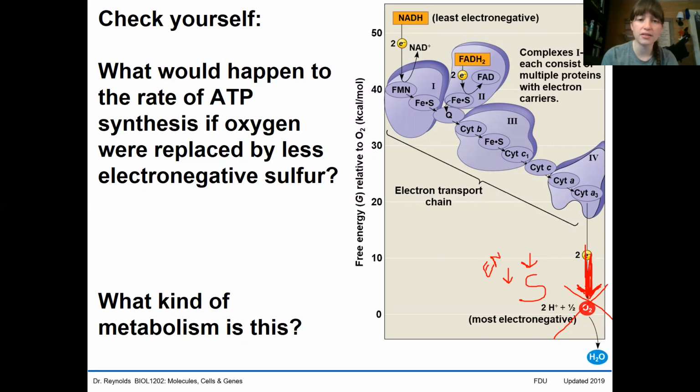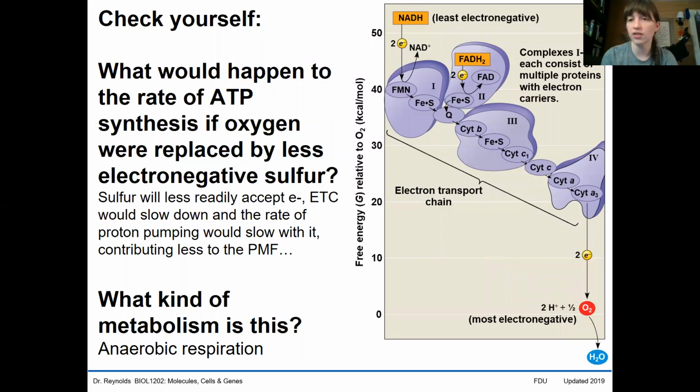Since that rate has decreased, the production of ATP has also decreased. And since we're still doing an electron transport chain here, this is still a process of cellular respiration. But since we don't have oxygen, this would be a process of anaerobic respiration.